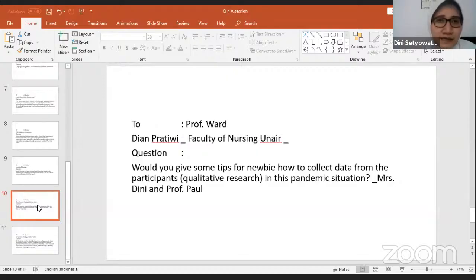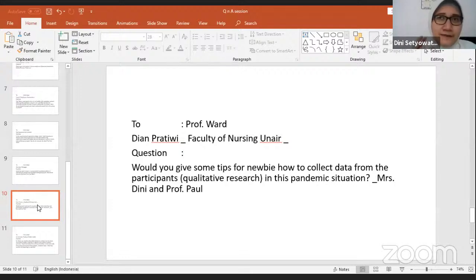After we have approached the participants, I suggest using a video call rather than just an audio call or telephone interview, because if we use video call, we can still see their expression when they answer our question, their gesture, and it will be useful for us when we analyze the data.